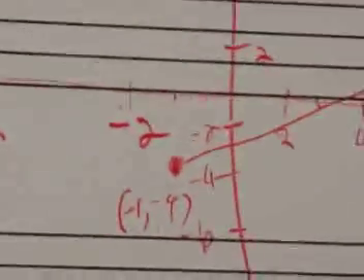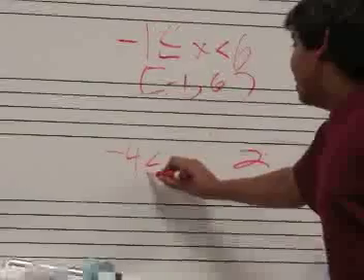Since this is a closed dot, this would be inclusive. Therefore, a less than or equal to sign. What does less than mean, Mr. Suresh? For example, 1 is less than 2. I get it now. Good.